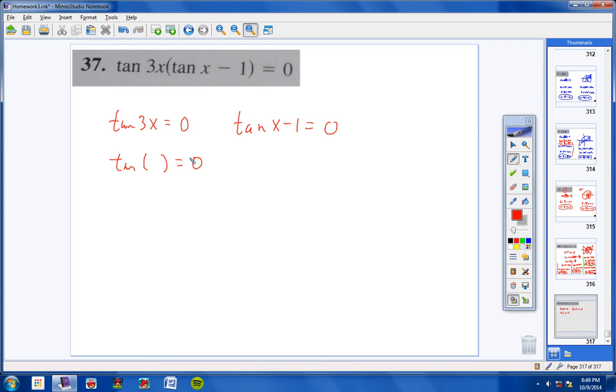So 0 and 180 are the two angles that give you zeros.